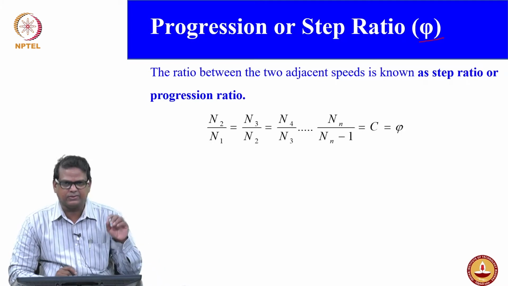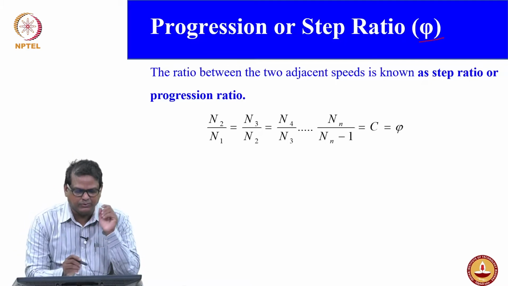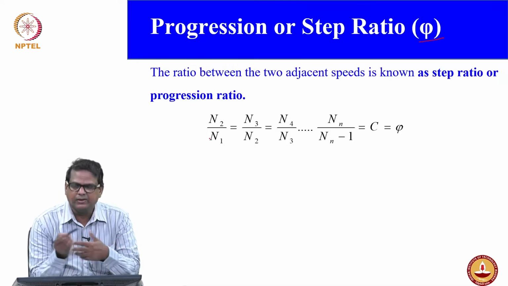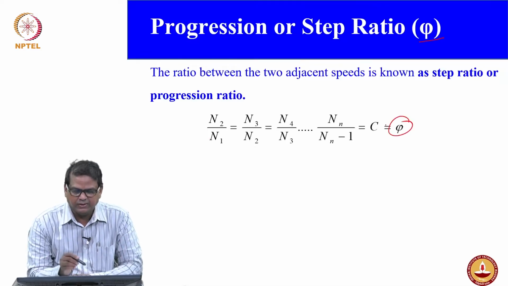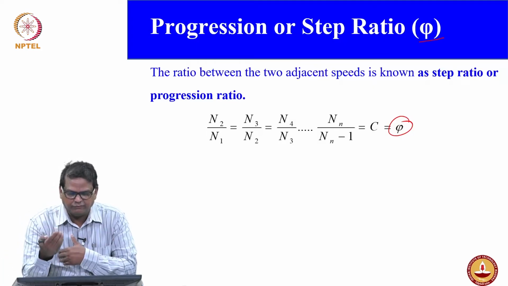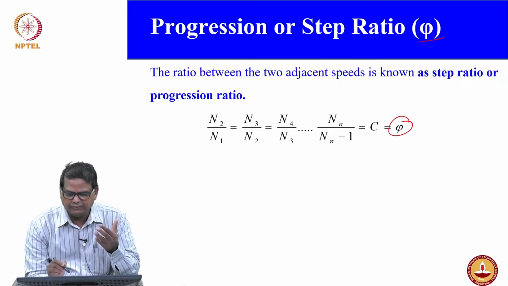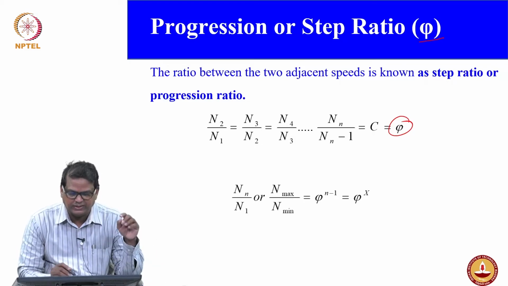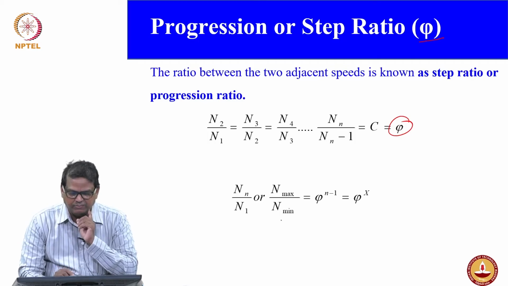The equation is n2 by n1, so two adjacent speeds have step ratio psi, and with more speeds you have n3 by n2, n4 by n3 and so on. Finally you have n max by n min, which gives a logarithmic aspect.